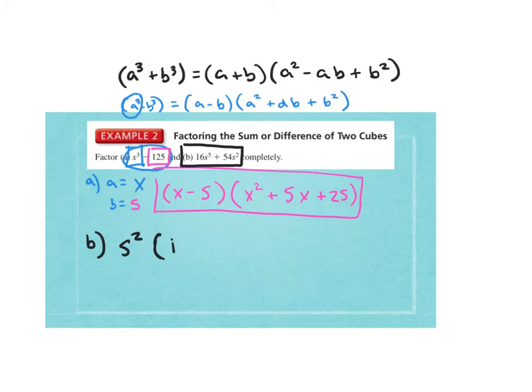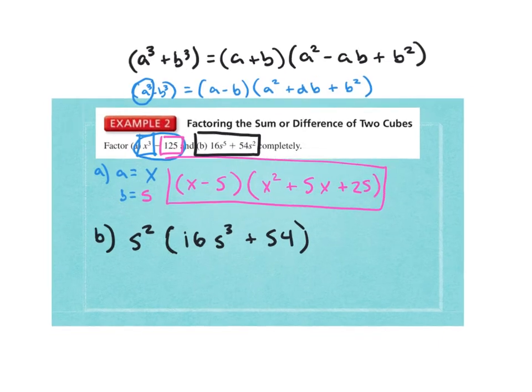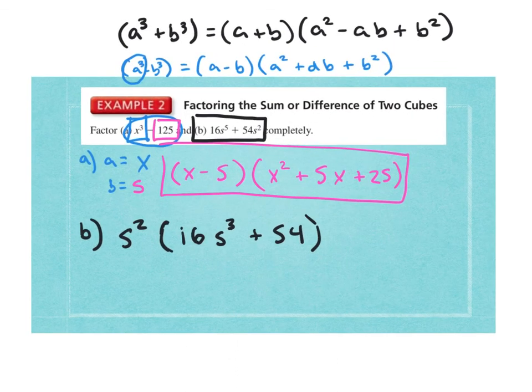So then we're left with 16s cubed plus 54. Do we have any numbers in common that we can take out? Two. So 2s squared is our greatest common factor.